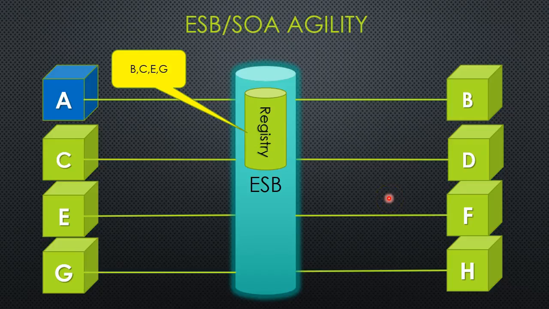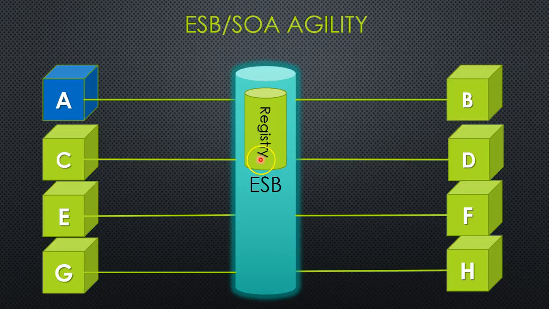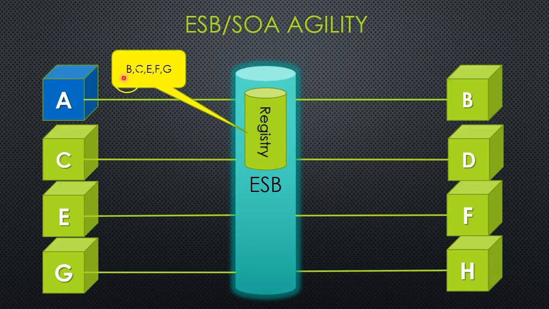So the agility comes from taking that same model and saying, I'm going to change the flow for this event from A, and I'm going to do it so that it goes from B to C to E and then F that I left out before, but that adds some value.